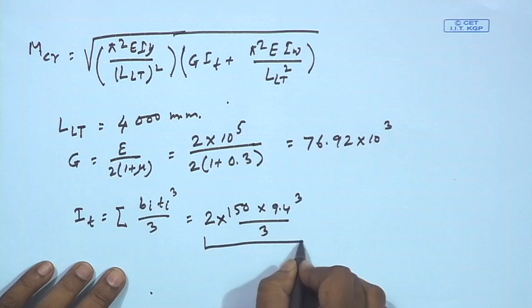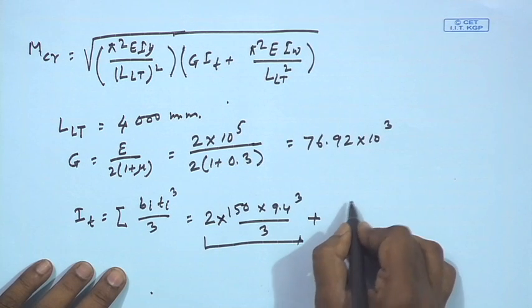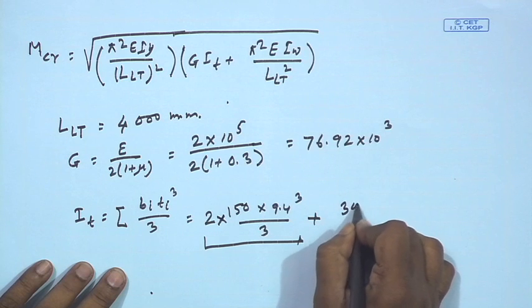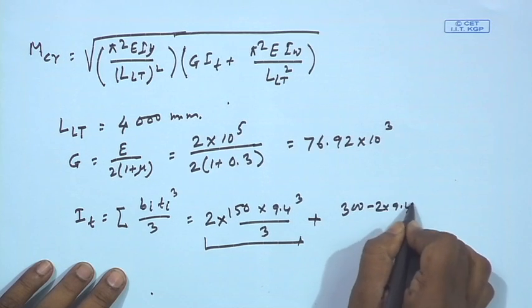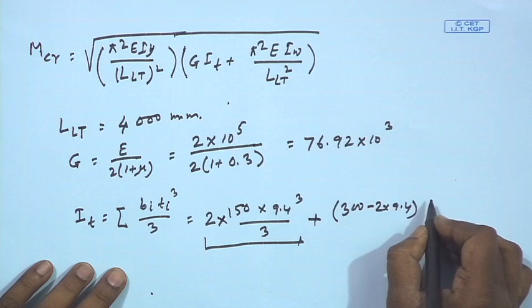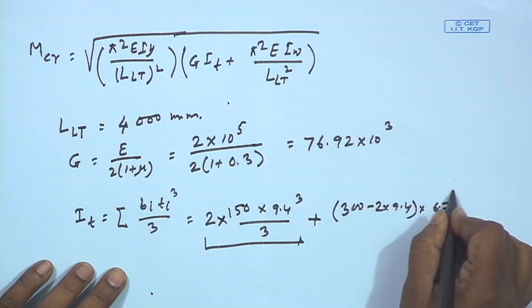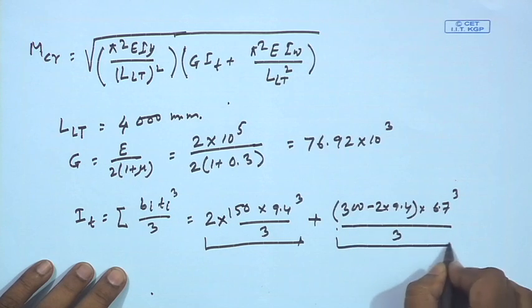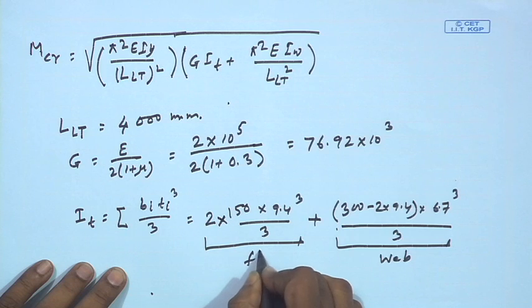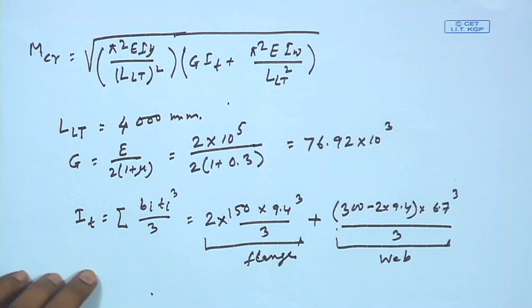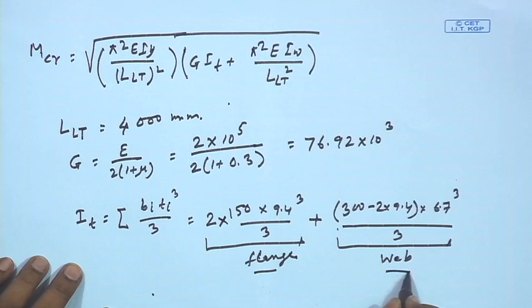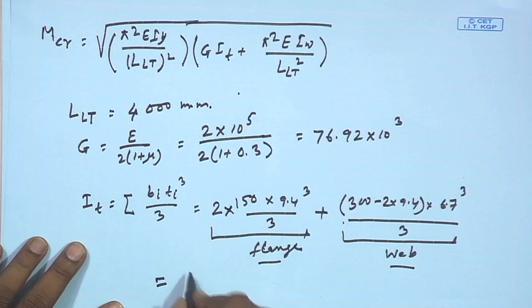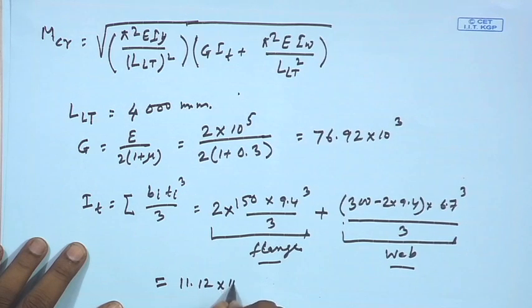This is for the flange, and for the web it will be 300 minus 2 into 9.4, into t cube, where t is 6.7, Tw, the thickness of the web, by 3. This is for the web and this is for the flange. So the torsional constant for flange and web has been calculated and is found as 11.12 into 10 to the 4 millimeter to the 4.